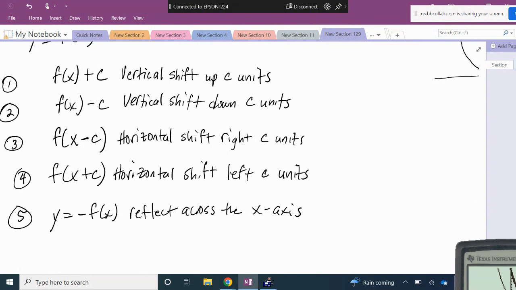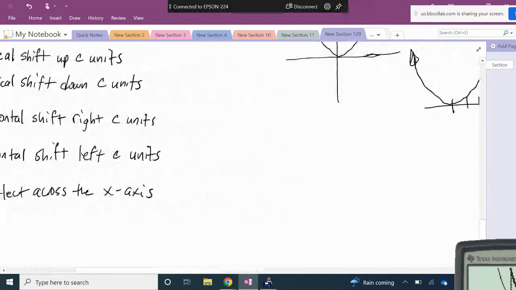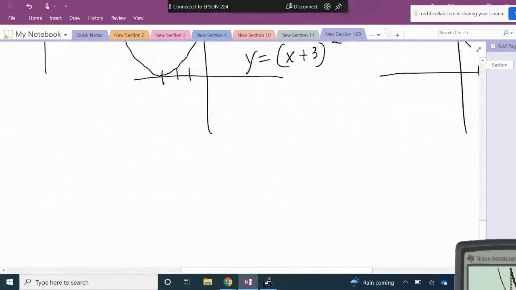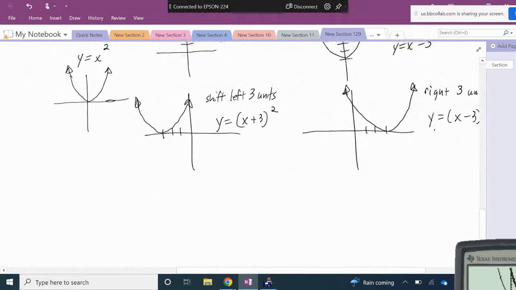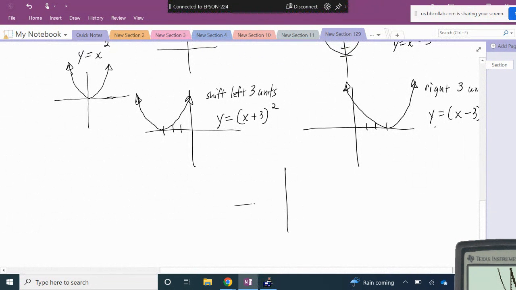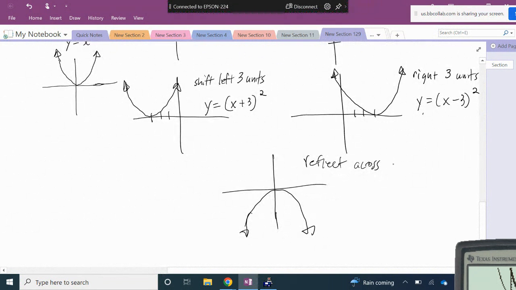So what does that mean? Let's take a look at the absolute value once again. To reflect across the x-axis, how would we write this particular function?